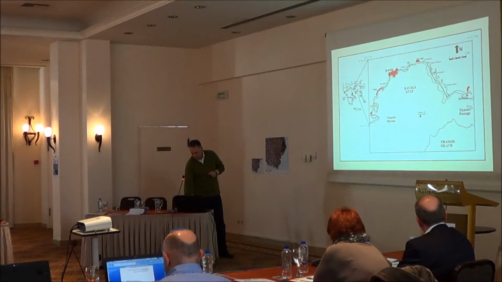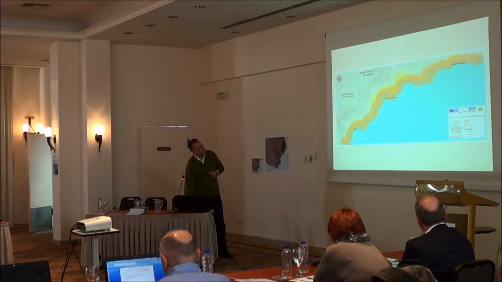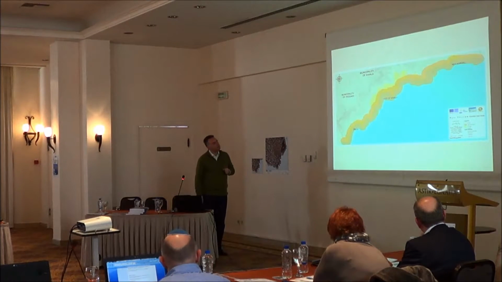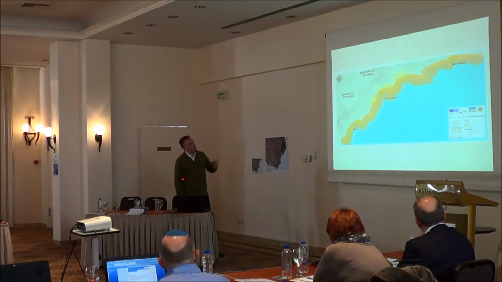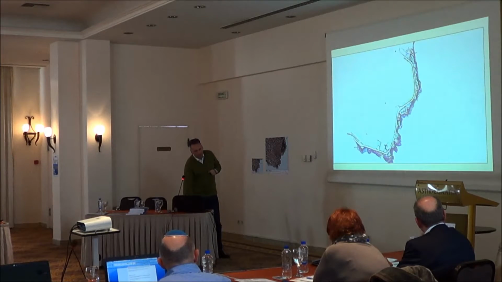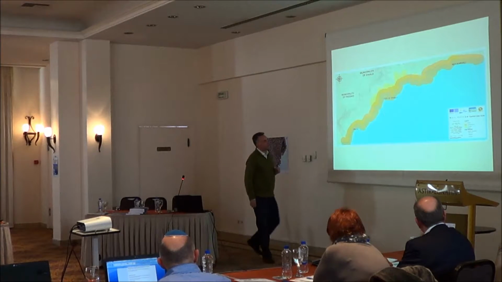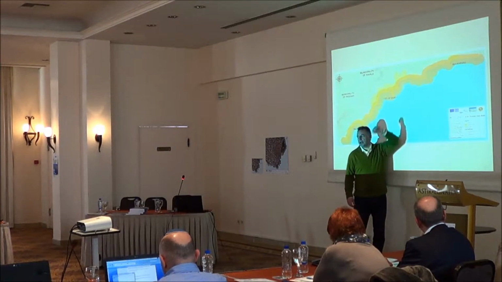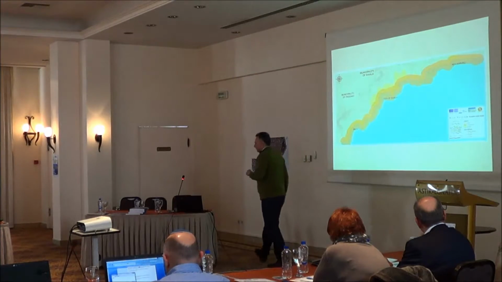This is Kavala Gulf, the area of our interest. And this is the map created by the municipality of Kavala, which shows the whole coastline of Kavala Municipality. Our area of interest and case study is over there. This is the area that we studied.